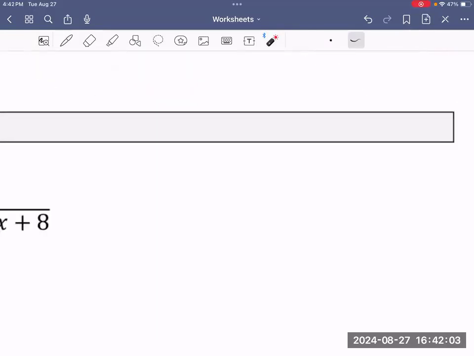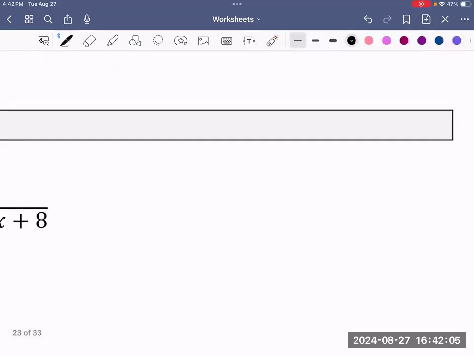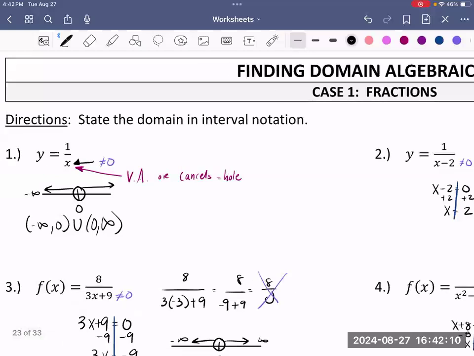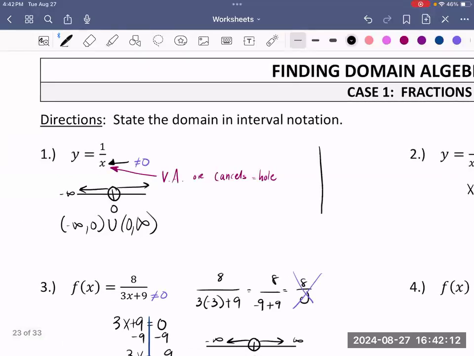Now with your radicals, oh, and I should say before we do your radicals, graphically, this variation, its parent graph, tends to look like this here, and this is f of x is equal to 1 over x.